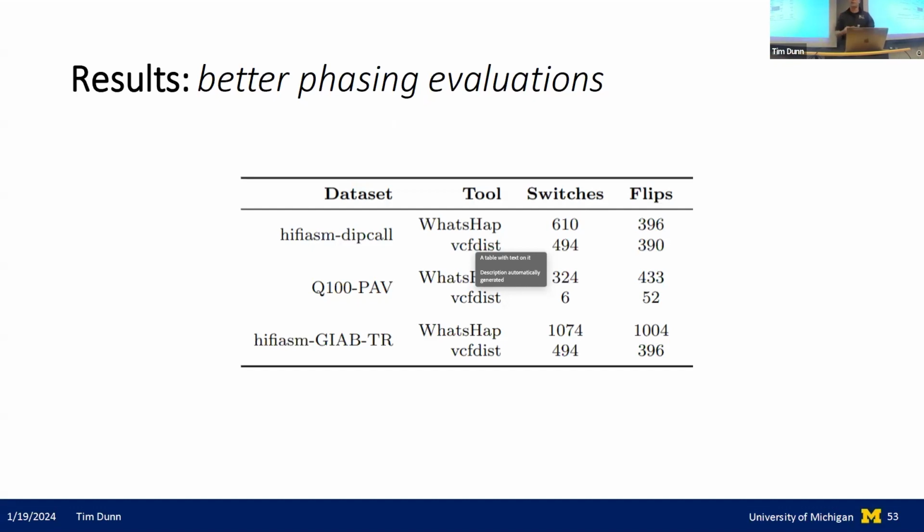And there are 2 types of errors that happen. A flip error is when you accidentally place one single variant on the wrong haplotype. And then a switch error is where that variant and all following variants for a while accidentally get placed on the wrong haplotype.